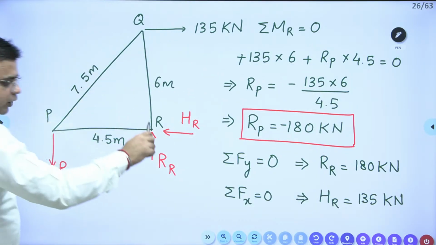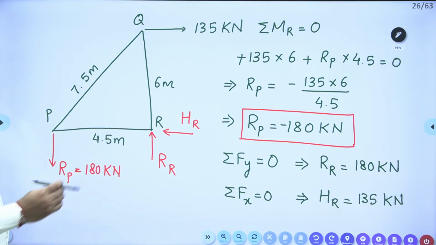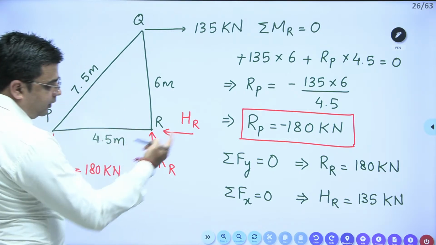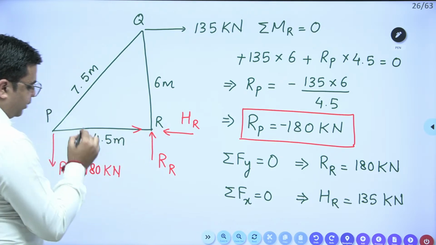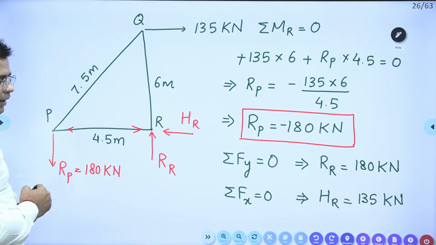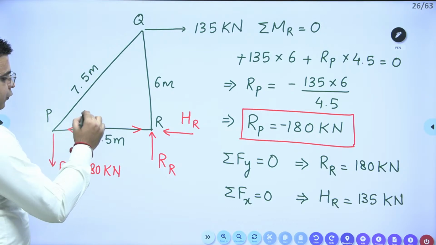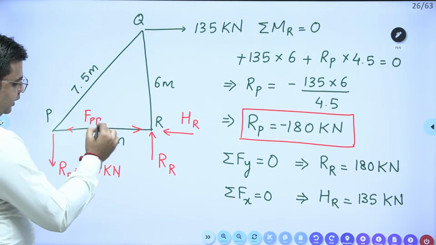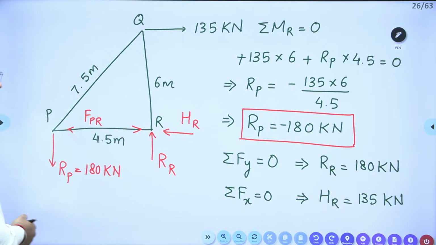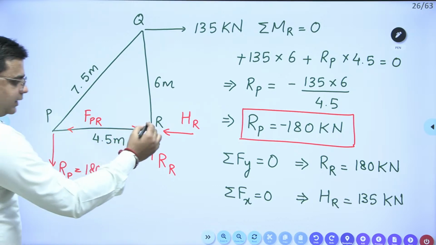Now consider joint R. For joint R, this horizontal load will be directly transferred to this member. So the force in member PR is directly equal to 135 kilonewton because this angle is 90 degrees.